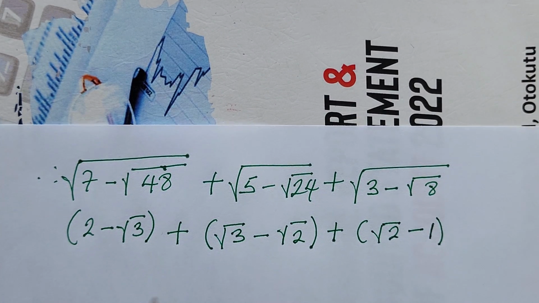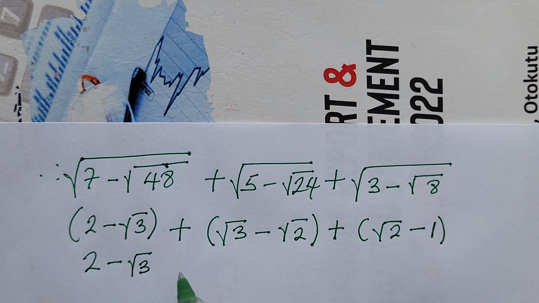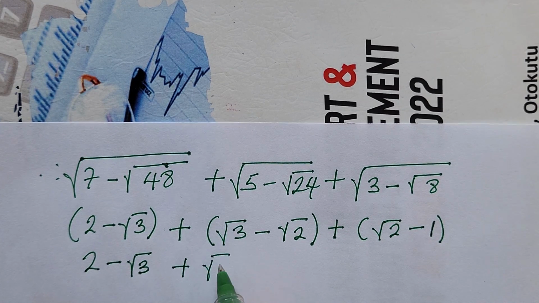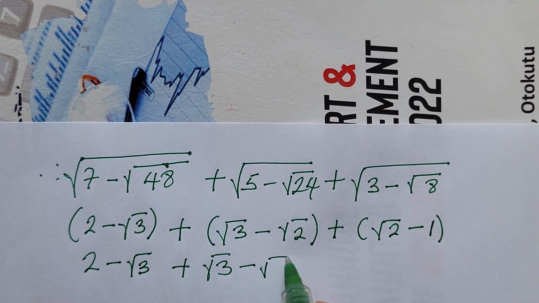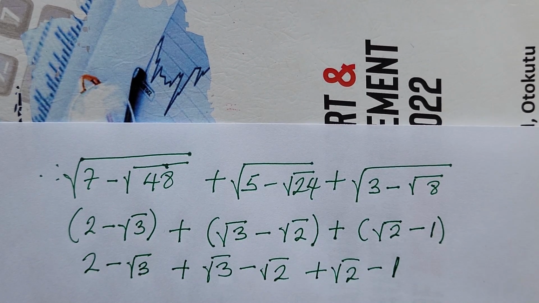Now, if we open up, this will give us 2 minus the square root of 3, then plus the square root of 3 minus the square root of 2 plus the square root of 2 minus 1.